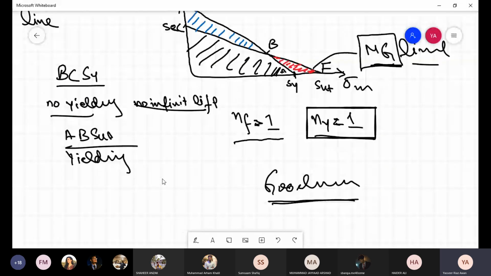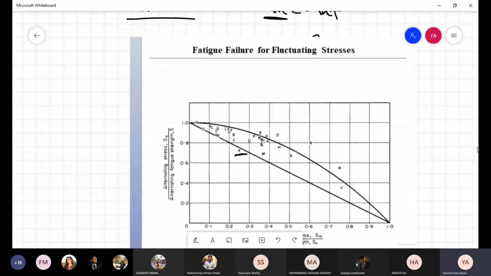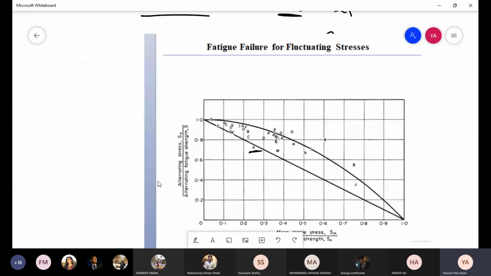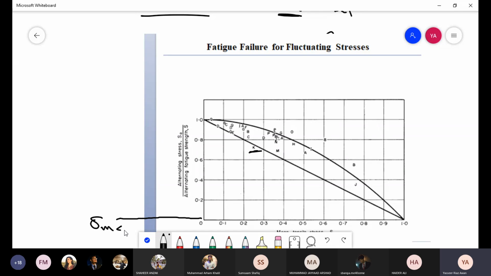So if I just extend this graph to this portion, when sigma m is less than 0, the test results indicate that the failure basically continues like this.